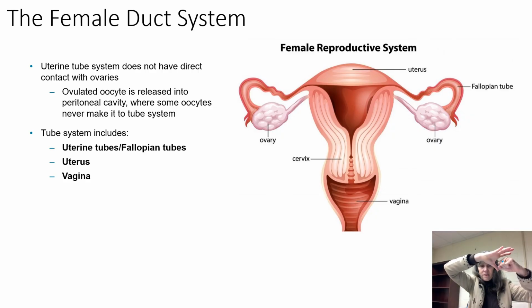And so the ovulated oocyte is going to be released into the peritoneal cavity, and some of the oocytes never make it into the uterine or fallopian tubes. They go into the abdominopelvic cavity, and they just disintegrate. So this tubular system includes the uterine tubes or fallopian tubes, the uterus, and the vagina. Those make up the female duct system.